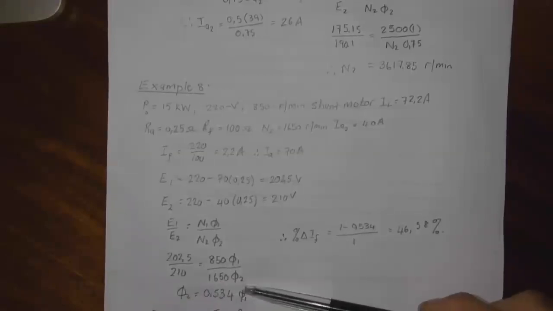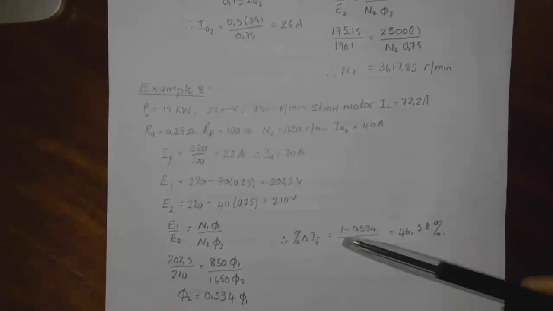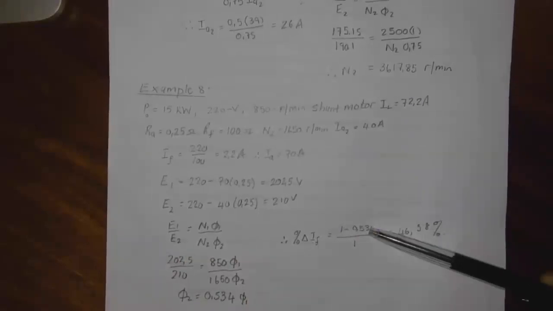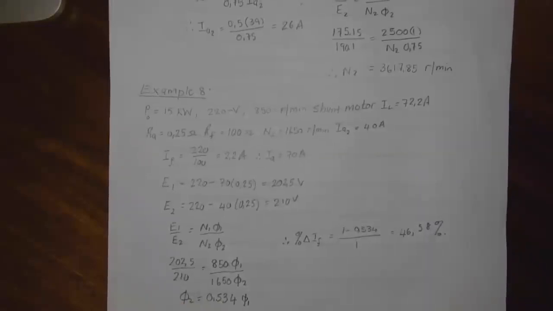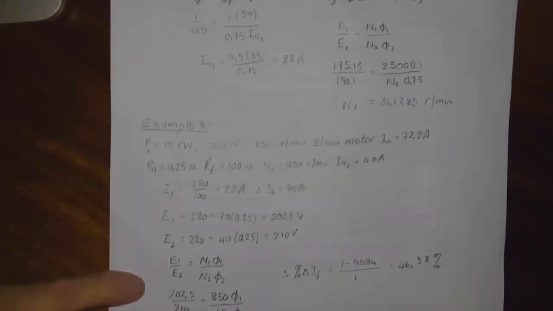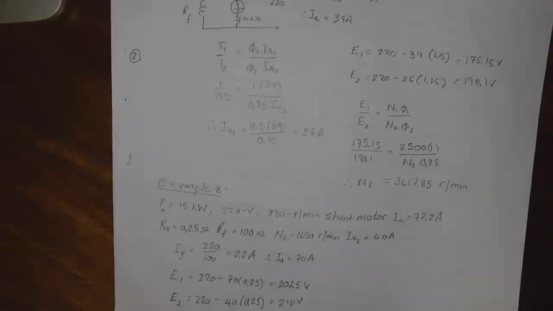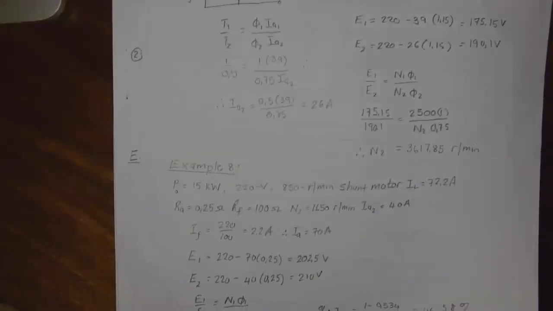So we stick into the formula and get that flux 2 is 0.534 flux 1. So therefore, we can say it is 1 minus 0.534 divided by 1. That gives us a 46 percent change in the field, so that we can determine then what is the resistance so that it will run at 1650.